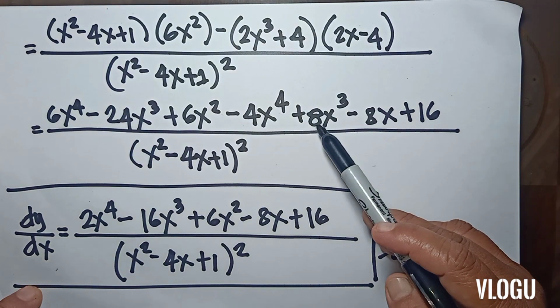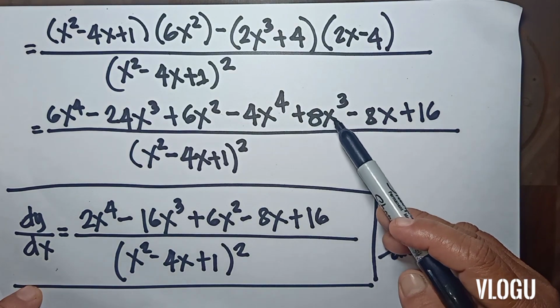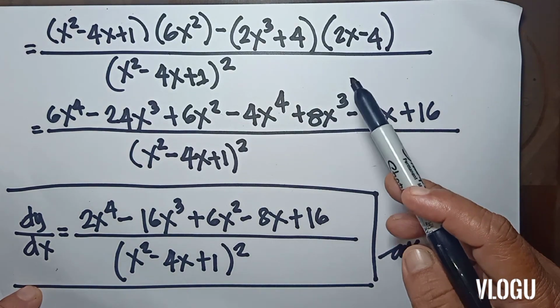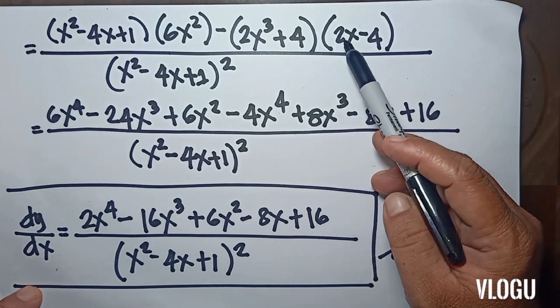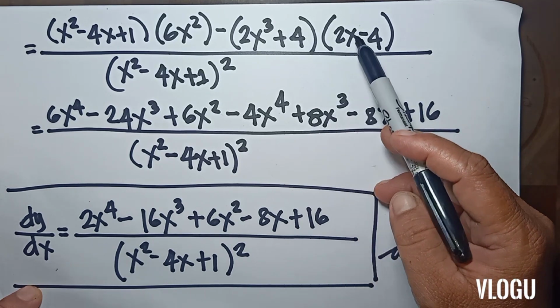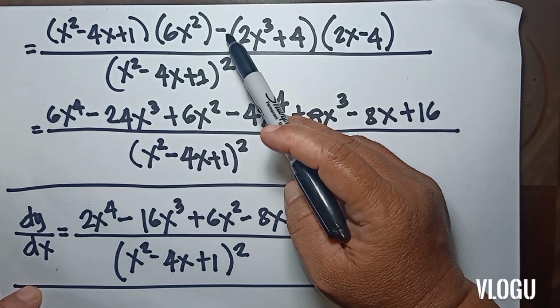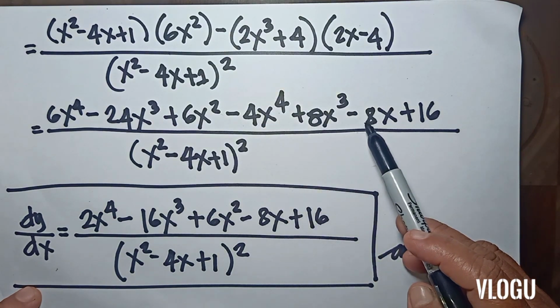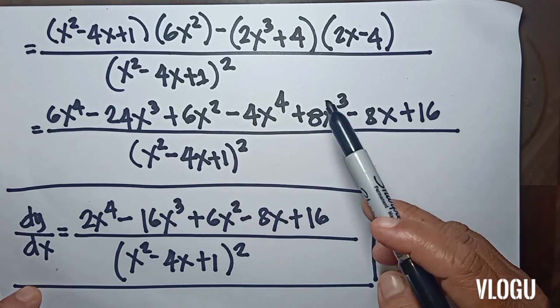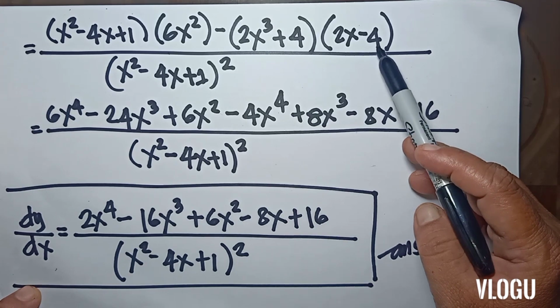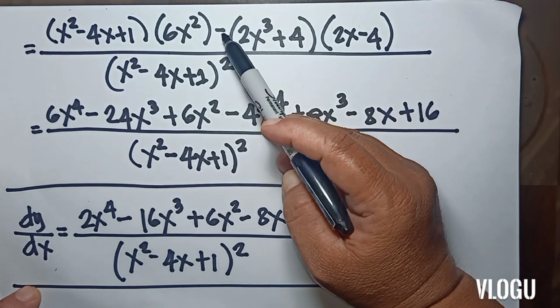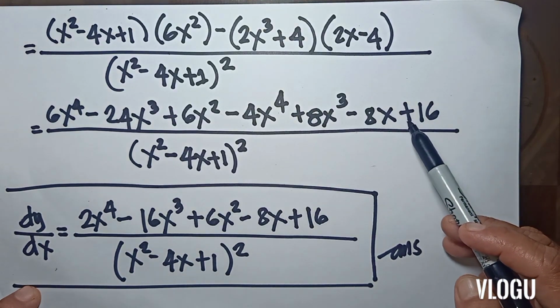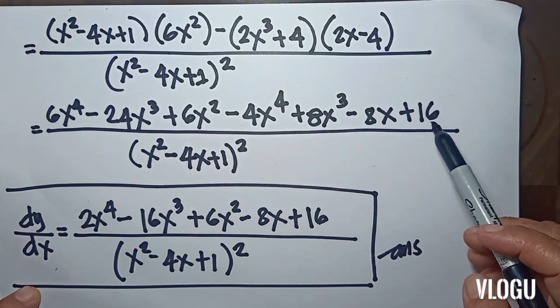So we have positive 8x cubed. Then next we have 4 times 2x, so we have positive 8x times negative 1. So we'll have negative 8x. Then we have 4 times negative 4, so we have negative 16 times negative 1. That's the reason we'll have positive 16.